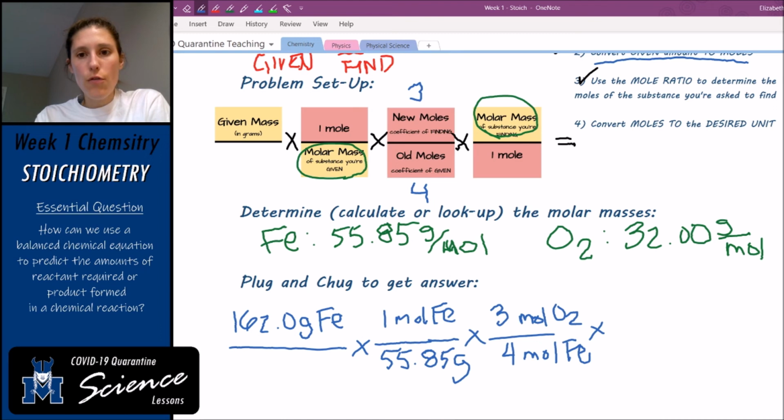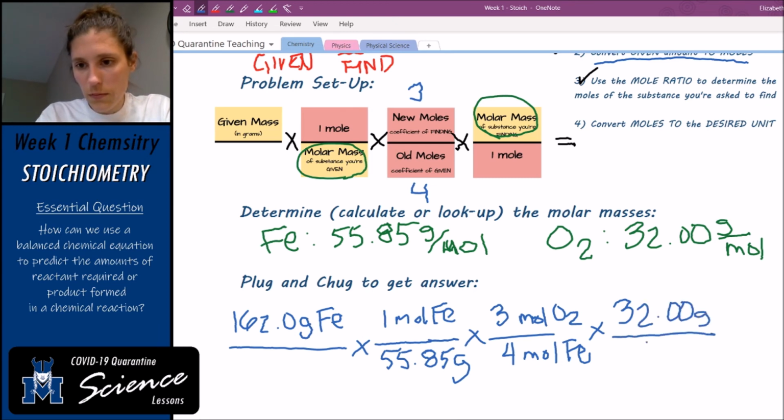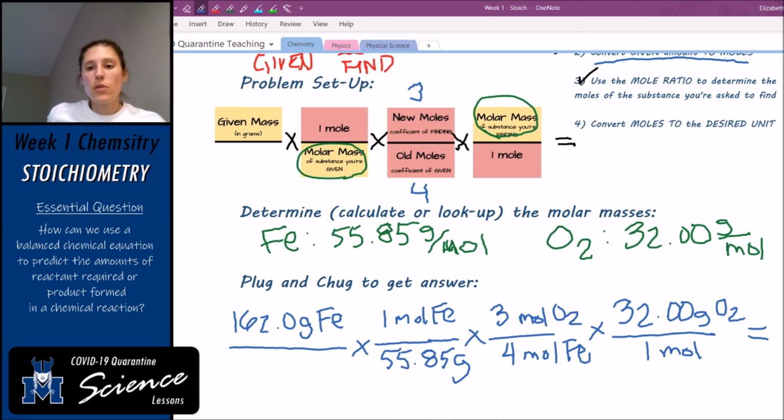The problem asks for the mass of the oxygen. So I need one more step to convert from moles to grams. So that is oxygen by itself. We want O2, 32. Okay, so there's 32 grams of O2 in every 1 mole. And finally, we now can write our equal sign.